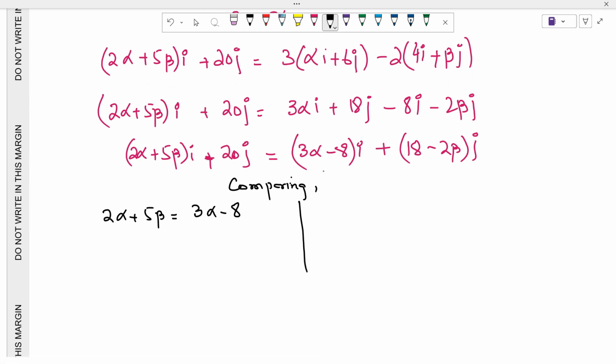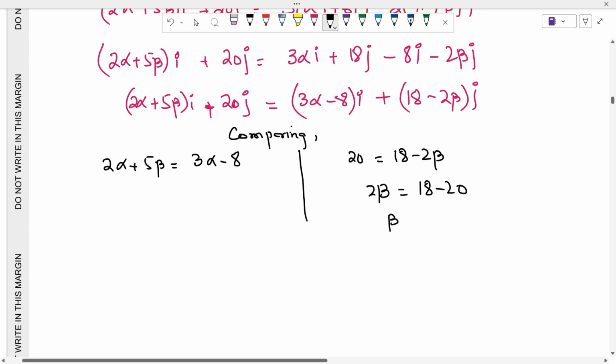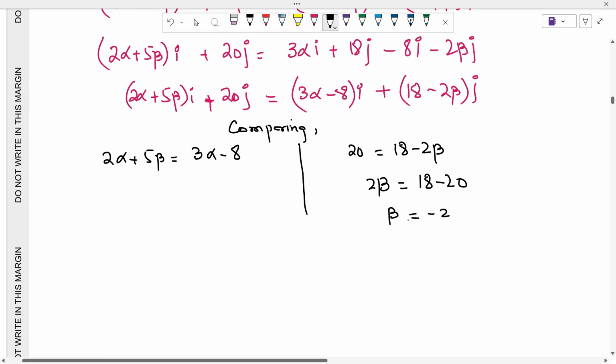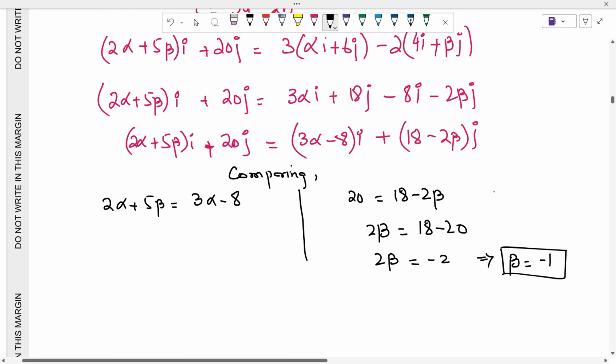For the terms of j, we will have 20 is equal to 18 minus 2 beta. Further solving, we will have 2 beta is equal to 18 minus 20, so 2 beta is negative 2 and beta is equal to negative 1. So this is the scalar value of beta.